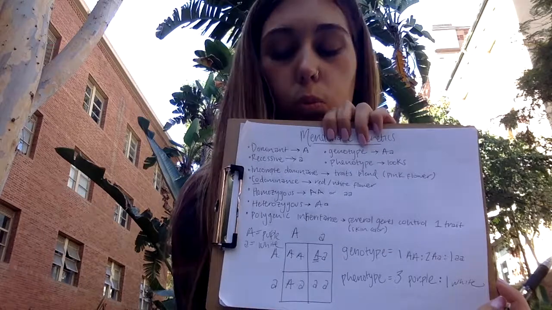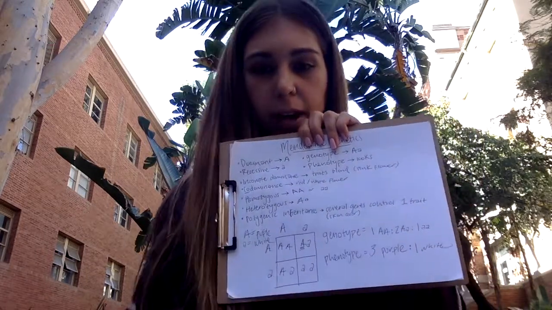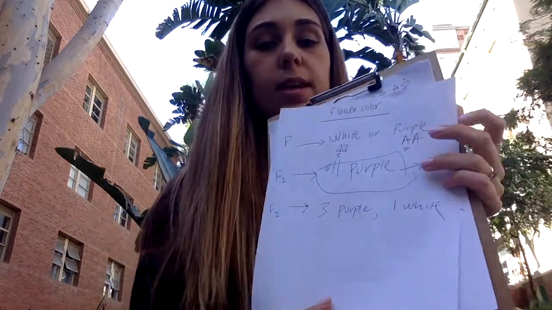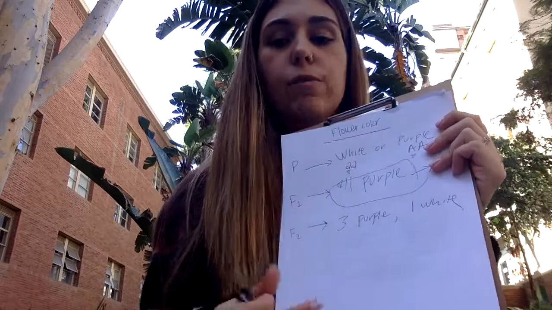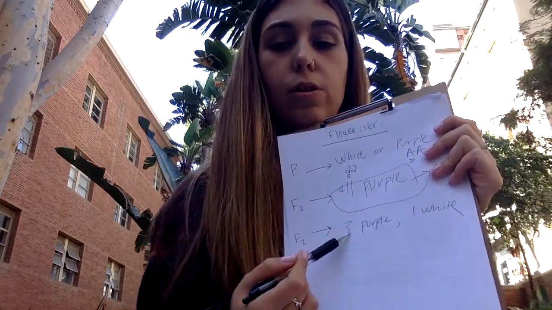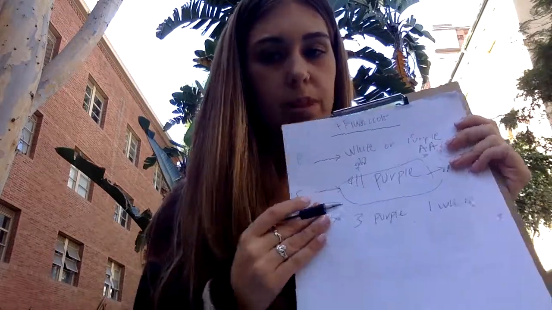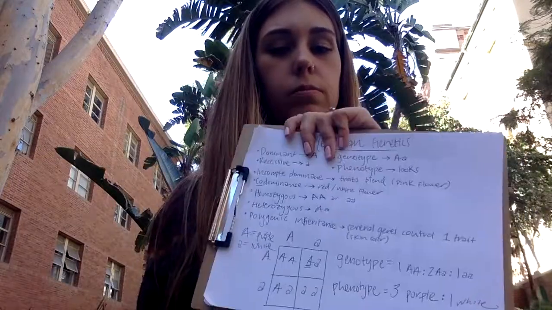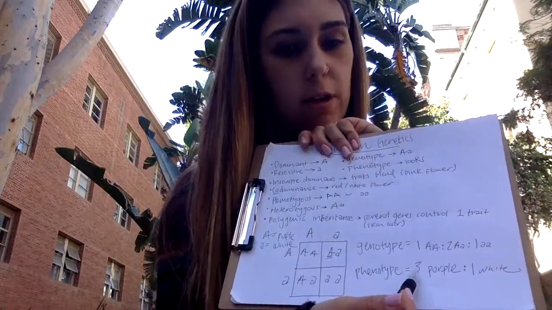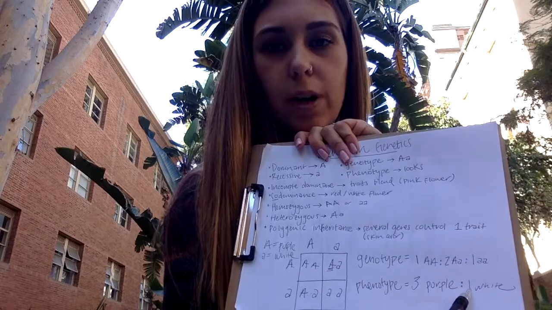So what we see now, if we go back to this, is that in his F2 generation, we had 3 purple and 1 white. Well, if you look here, we have 3 purple, 1 white.